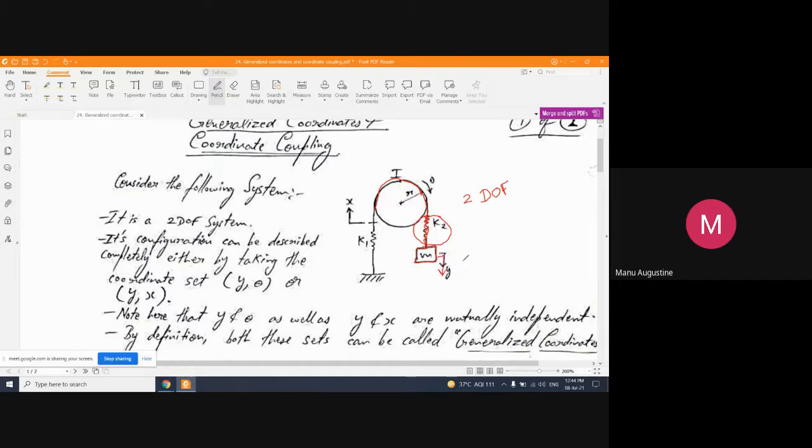So now y can be produced by producing a displacement in theta, and y can be independently produced without giving a displacement theta. So in such a case where y is not exclusively a function of theta, you say that y and theta are mutually independent.